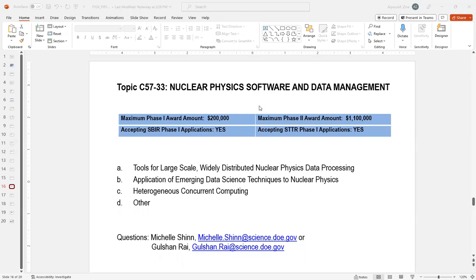And then lastly, heterogeneous concurrent computing. So we already have high performance or what are called leadership class facilities, and these are stewarded by the Advanced Scientific Computing Research office, also in this release. What we're looking for is that so often tools that are used to analyze data are written by, say, a professor and their graduate students or postdocs.